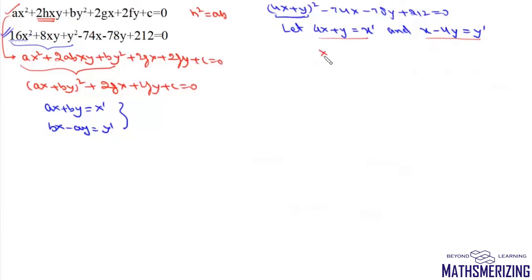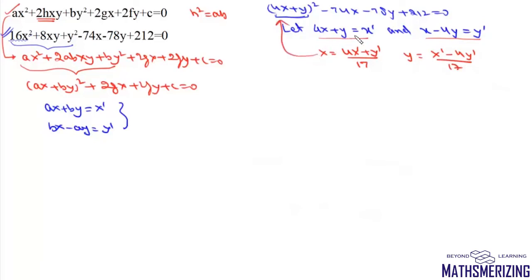Then I'll get x as 4x dash plus y dash upon 17, and if I multiply the second equation with 4 and subtract the second from the first, I'll get y as x dash minus 4y dash upon 17. So now I'll put the value of x and y in this equation.